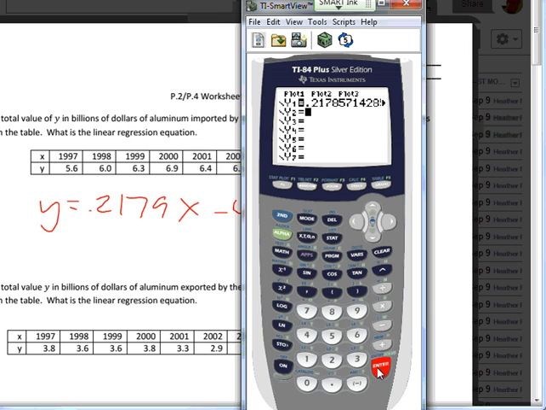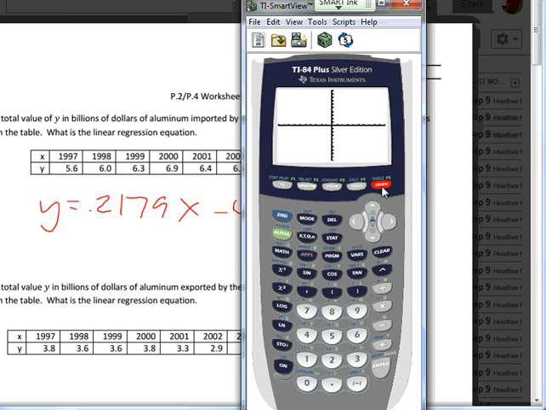So now, if I want to know what's going to happen in the year 2006, how do I do it? Go to graph. Everybody hit graph. Why can't I see my equation?